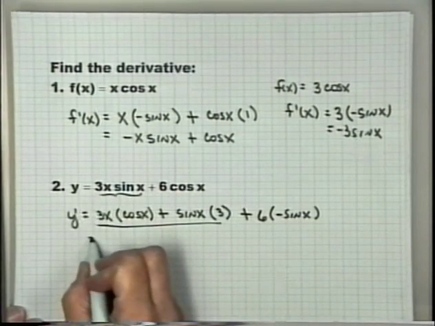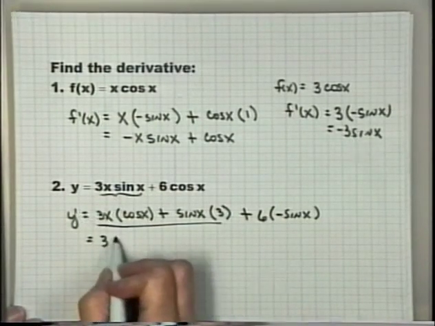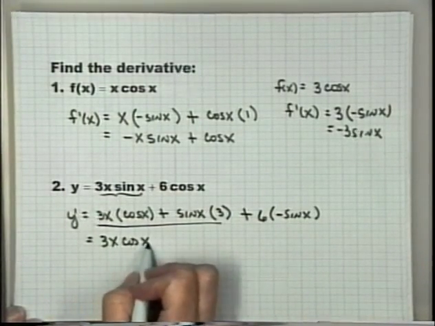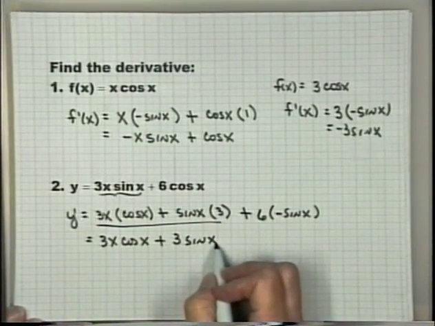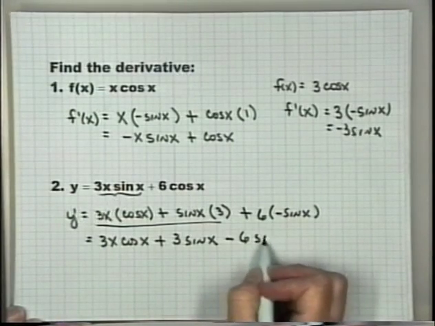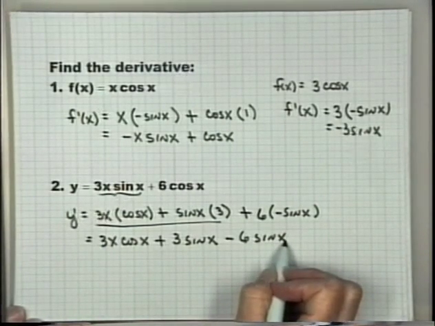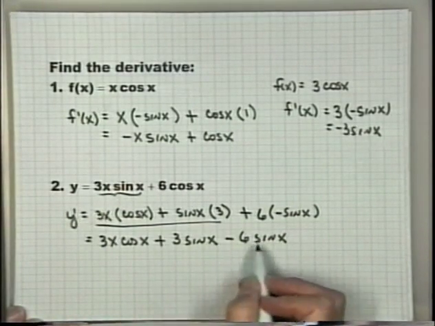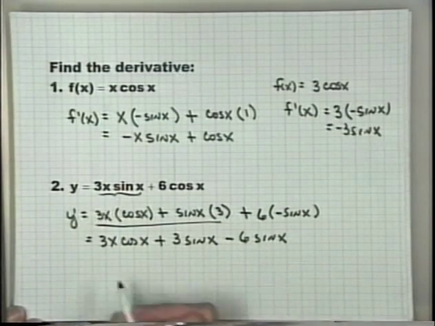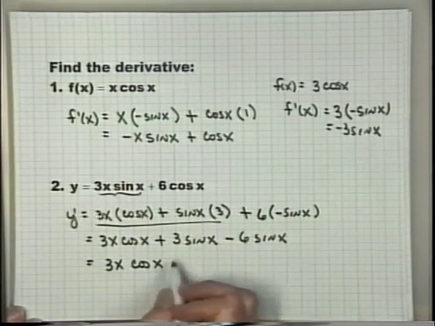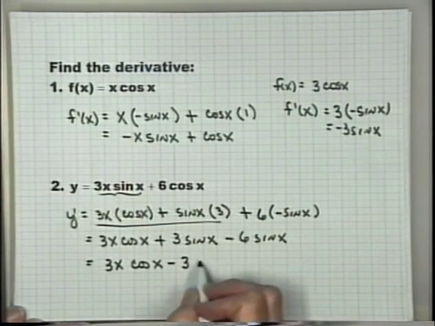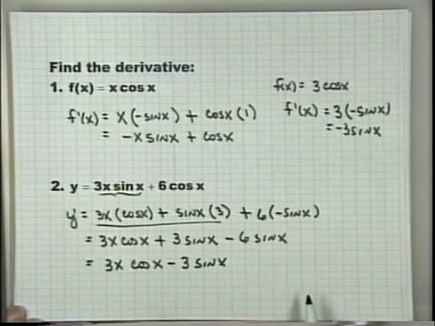Now let's simplify this. I have 3x cosine x plus 3 times the sine of x minus 6 times the sine of x. Now these two terms ended up being like terms, and so I can add those together. 3x times the cosine of x, and I'll have minus 3 times the sine of x.